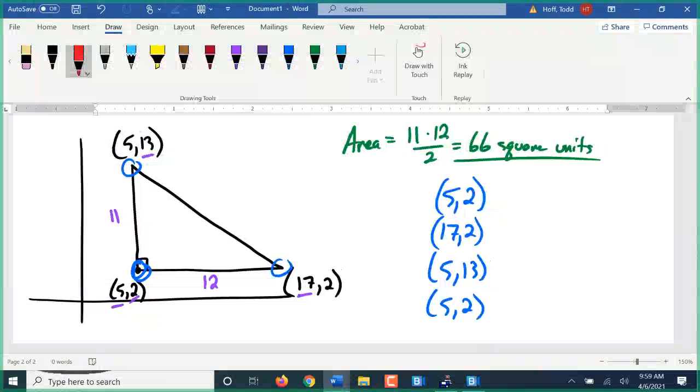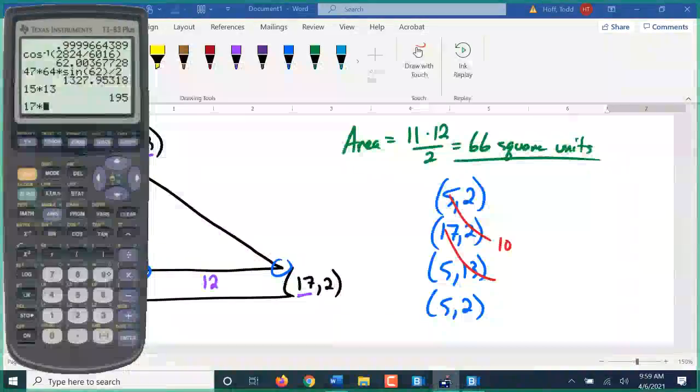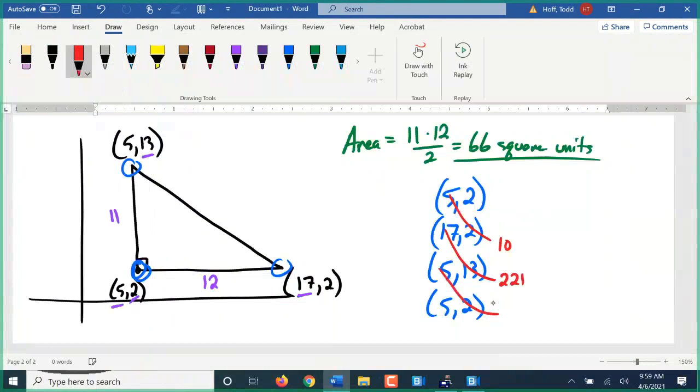Then we'll do our diagonals. Here we've got 5 times 2 is 10. 17 times 13 is 221. And 5 times 2 is 10. That adds up to be 241. Going the other direction, we've got 2 times 17 is 34. 2 times 5 is 10. And 13 times 5 is 65.